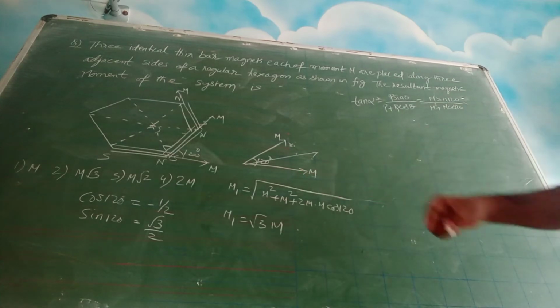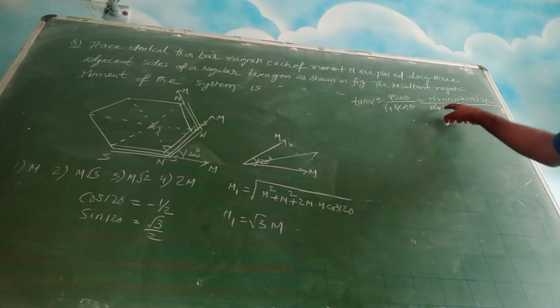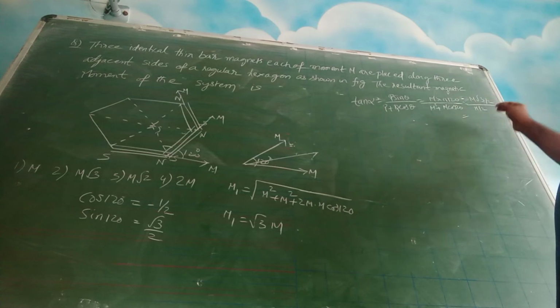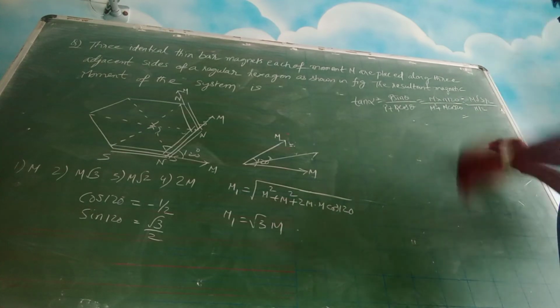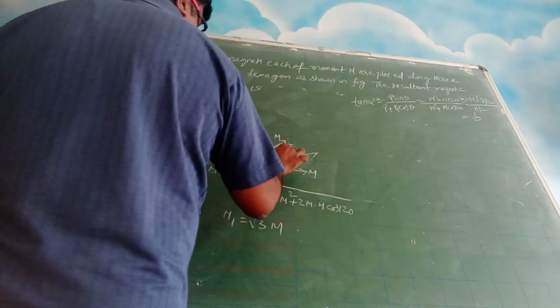Sin 120 is root 3 by 2, so you get root 3 by 2 here, and here this is minus half, so M minus M by 2 will be M by 2. So basically you are getting root 3. So tan alpha is root 3, which means it is 60 degrees.